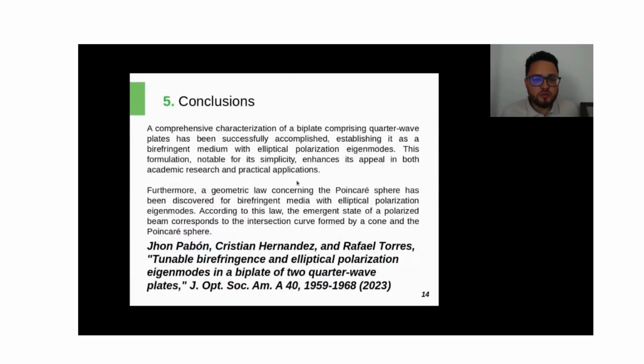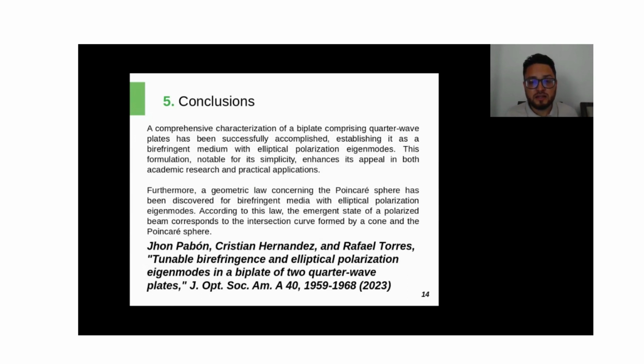And in conclusion of my work, we obtain a comprehensive characterization of the biplate of two quarter-wave plates. We establish the birefringent media with elliptical eigenmodes, and this formulation is very simple due to the geometric algebra approach, which is direct, because it depends only on the retardation and eigenmodes.